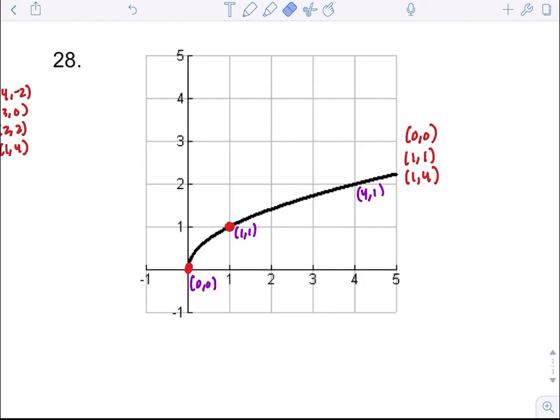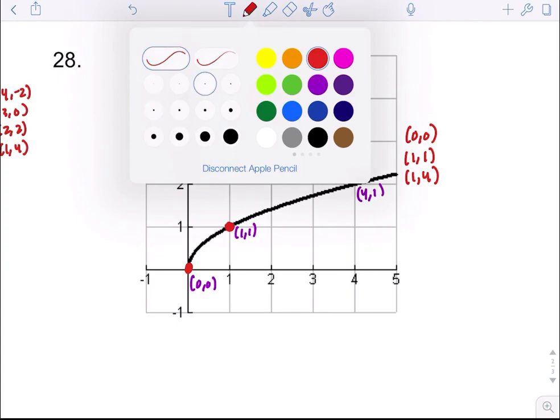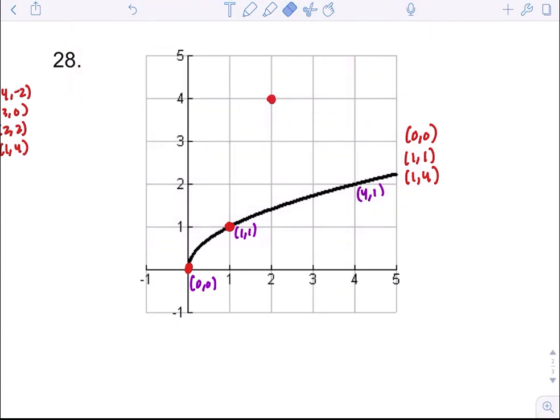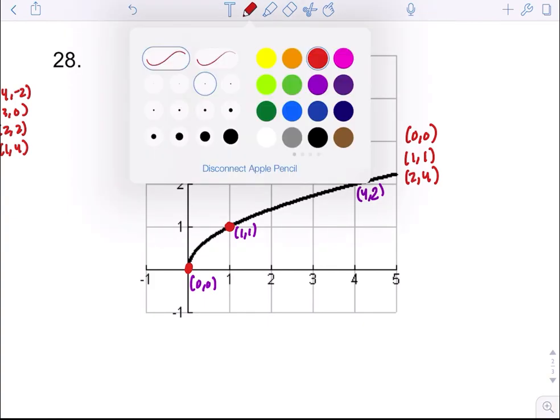Oops, I plotted that one wrong. This one should be at 4 comma 2. Alright, so 2 comma 4, and there we go. Looks a lot better.